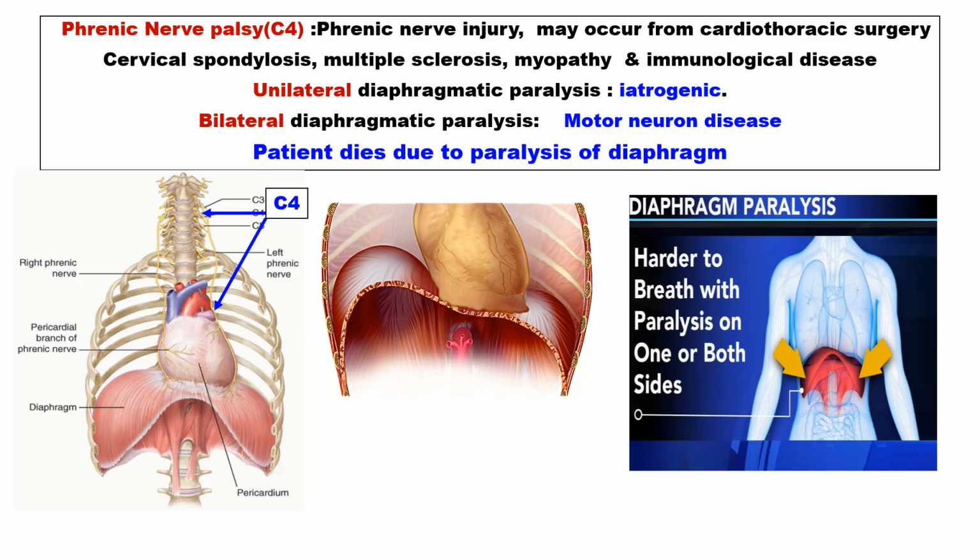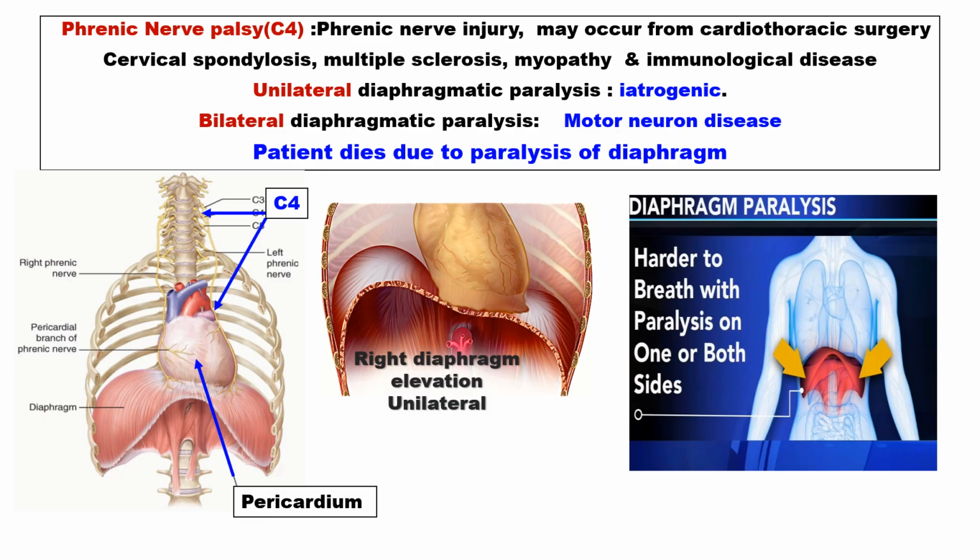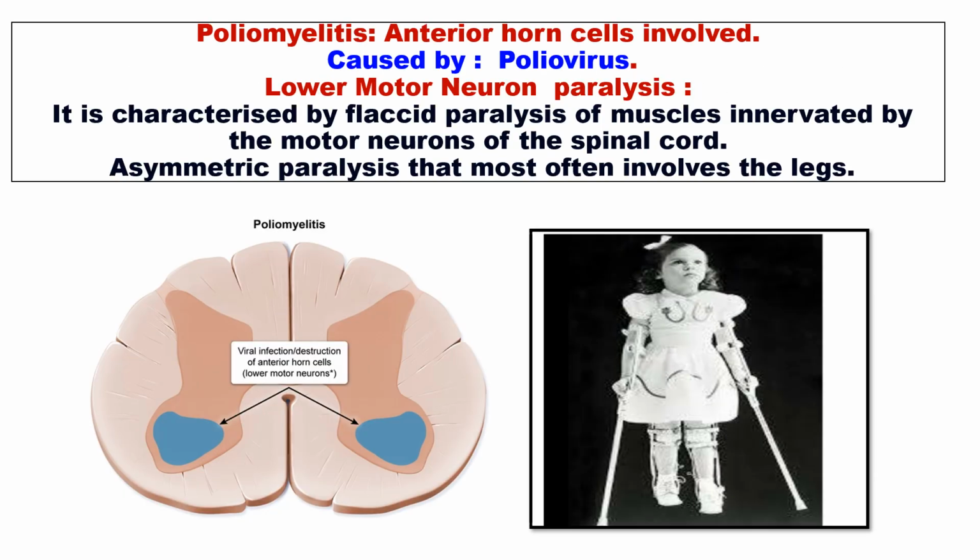It may be a unilateral diaphragmatic paralysis which can be iatrogenic, and bilateral paralysis may be motor neuron disease. In a bilateral paralysis, the patient dies due to the paralysis of the diaphragm.